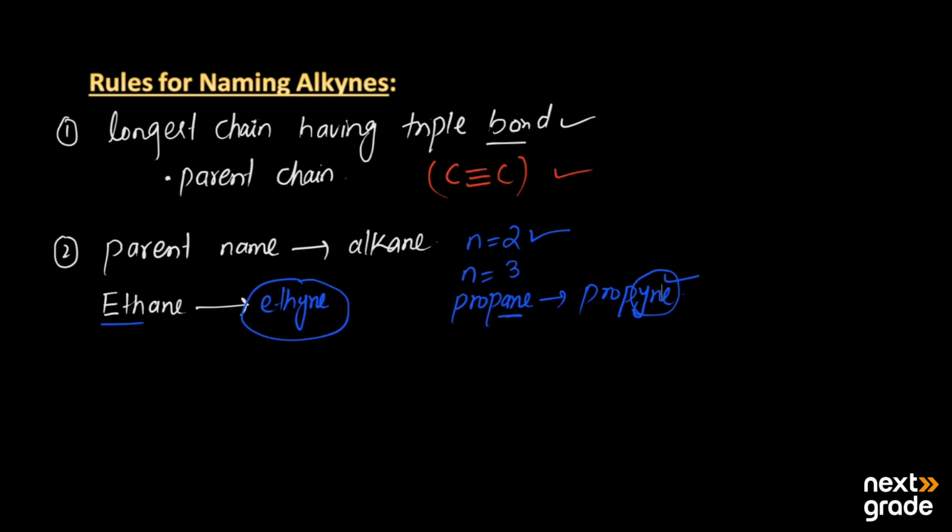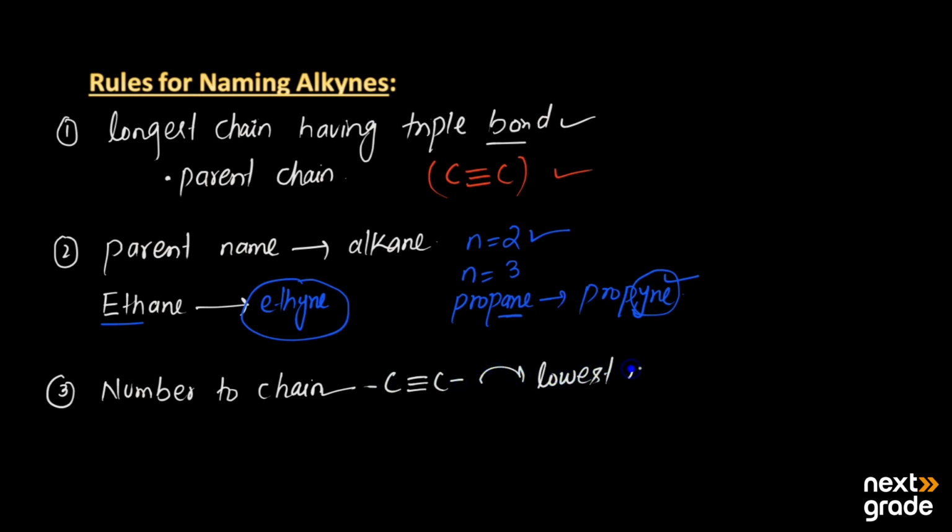Next, the third rule for naming the alkyne is to number the chain. You have to give the lowest number to the carbon atoms having the triple bond.